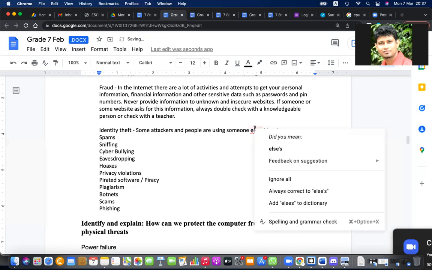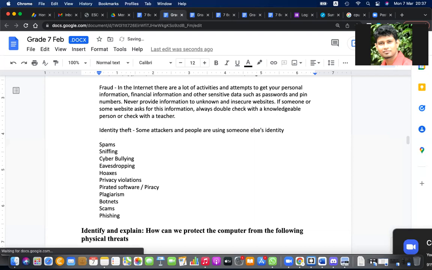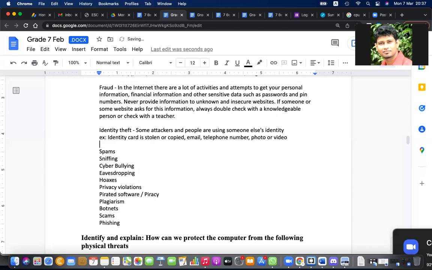For example, it can be an identity card, or it can even be an email, a telephone number, a photo or a video. Someone else's identity is used.